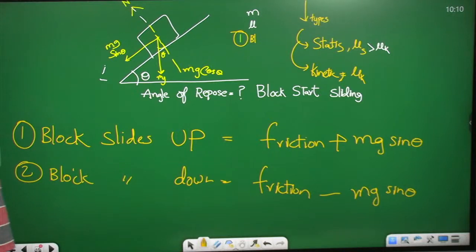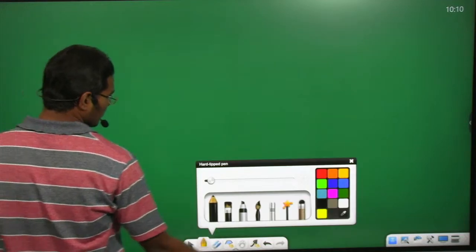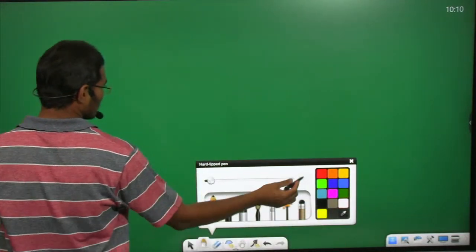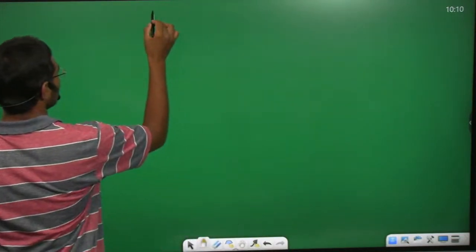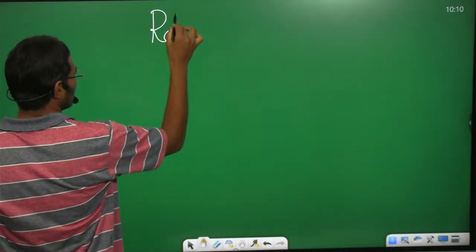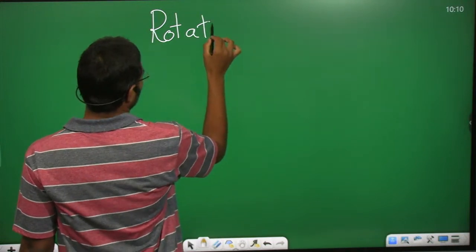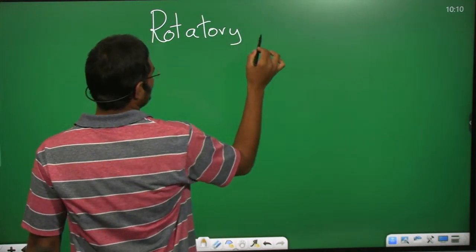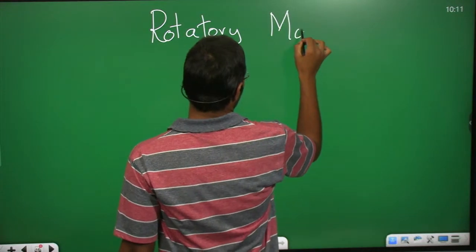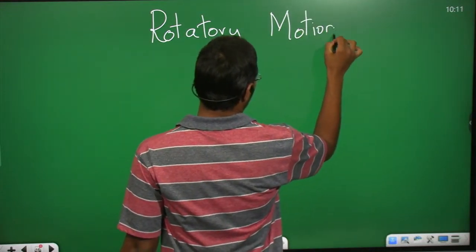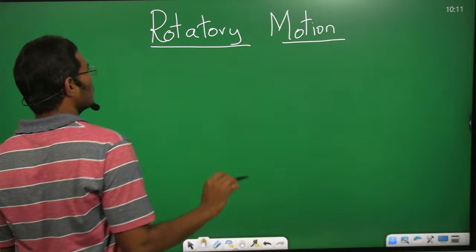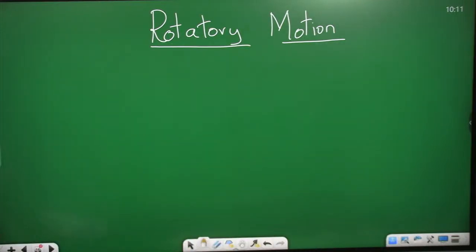So now let us try to get back to rotary motion. So for rotatory motion, write the formulas of rotatory motion and check whether no phones outside.